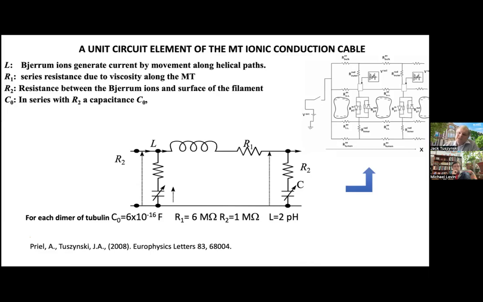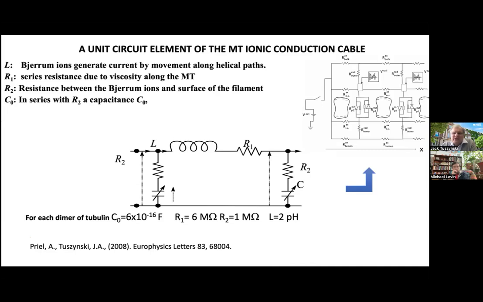But there's also resistance because it's a viscous fluid, so there's resistance along the flow and away from the microtubule. And the inductive part is due to the geometry. Microtubules are cylindrical, but actually the arrangements of tubulin dimers are helical, so you can create solenoidal flows, and that's why there is an inductive part.